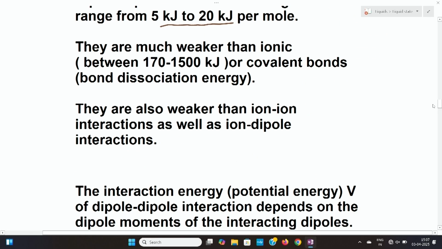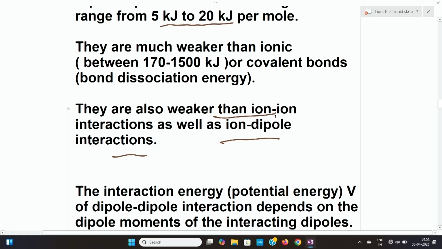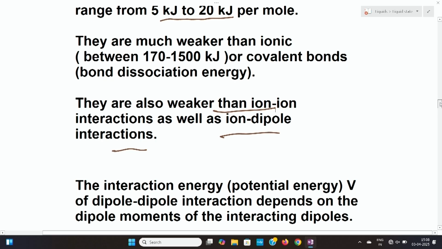This dipole-dipole interaction force is also weaker than ion-ion interactions and ion-dipole interactions.